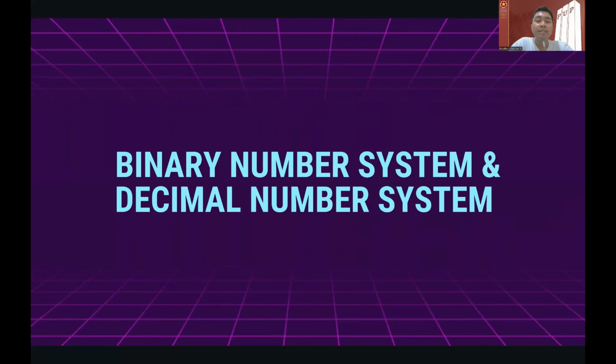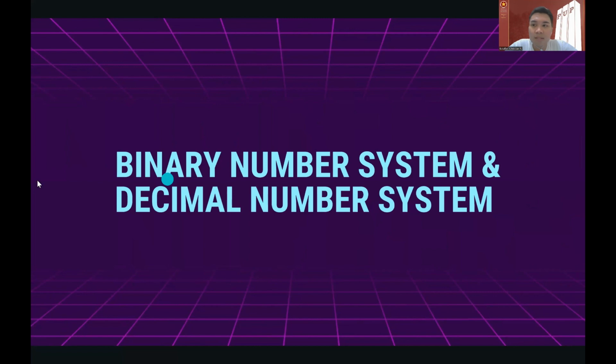So binary number system and decimal number system. Binary system is one of the four types of number systems in computer application, where binary numbers are represented by only two symbols or digits, which are 0 and 1. The binary numbers here are expressed in the base 2 numeral system. For example, 101.